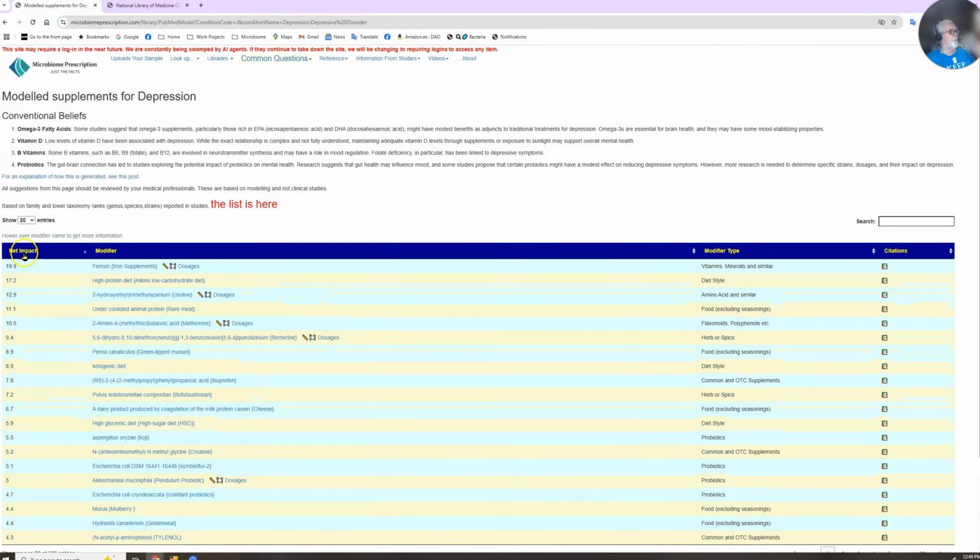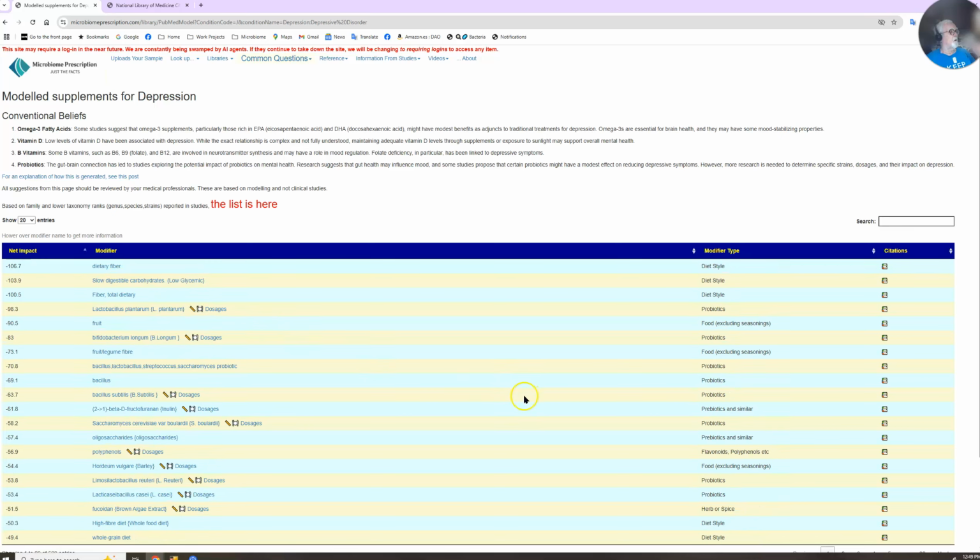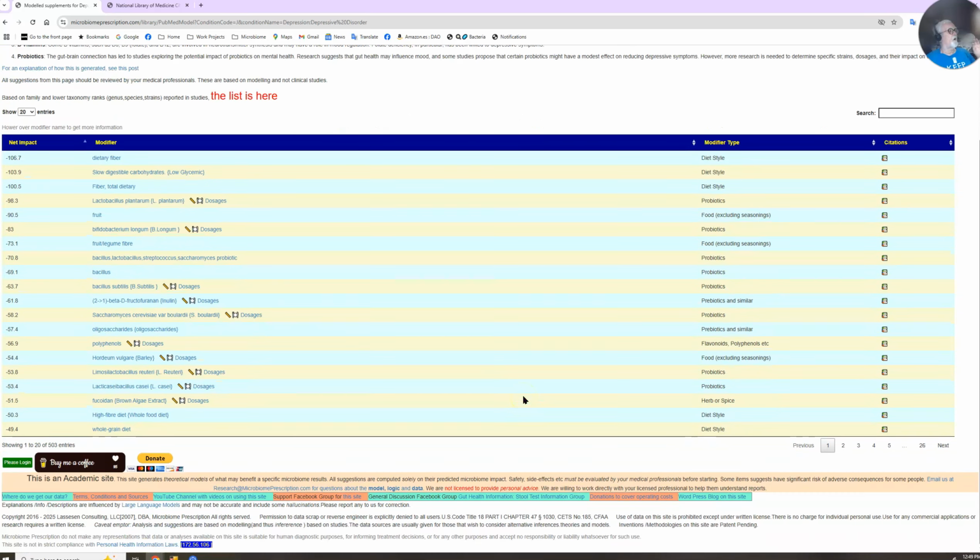But the other thing we have is what can increase depression. High dietary fiber can increase it or can cause the bacteria which are low there. In some cases you even get surprised, like Lactobacillus plantarum. A Lactobacillus actually can make depression worse.